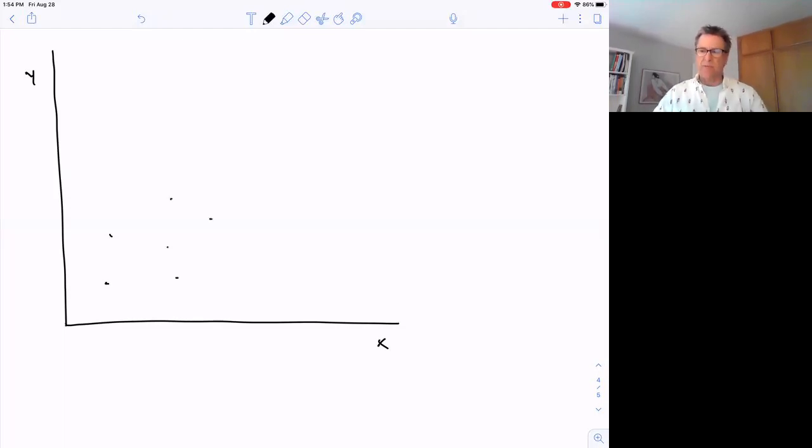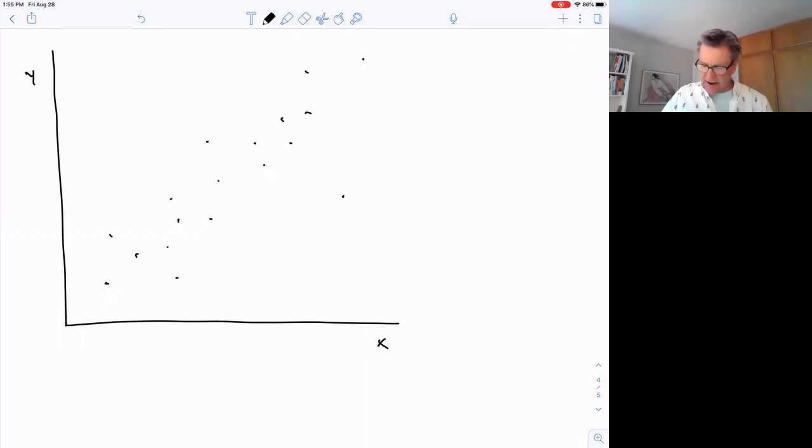But it definitely won't be falling on a straight line. So maybe it'll look like something like this. And when you look at this data, you say, well, it does kind of look like there's a positive association or correlation between the two.